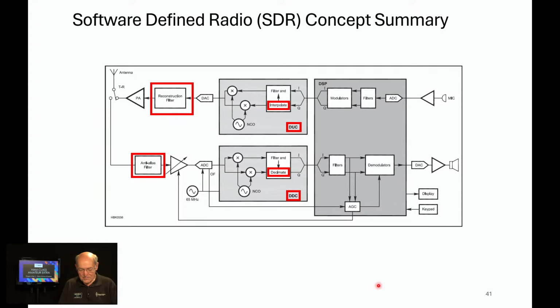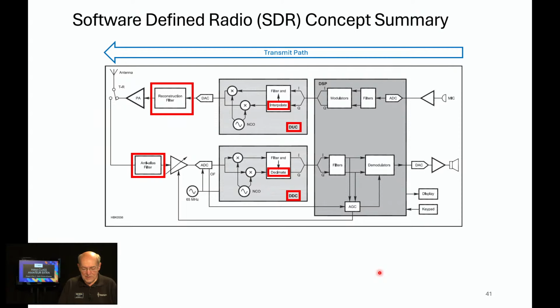So there's two phases that we're going to be talking about as we go through the rest of this. Talk about the transmit path first. Start out at the microphone, analog to digital.